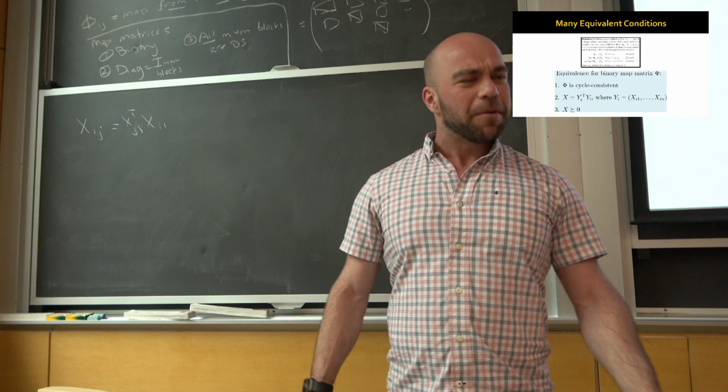So we're going to make a few definitions. Namely, we're going to make a matrix big D, which is going to be block diagonal. It's going to be the block diagonal matrix of identity, x12, x13, ..., x1n. So this is a matrix that has little n by n blocks on the diagonal, which are the maps from each of the shapes into shape 1.